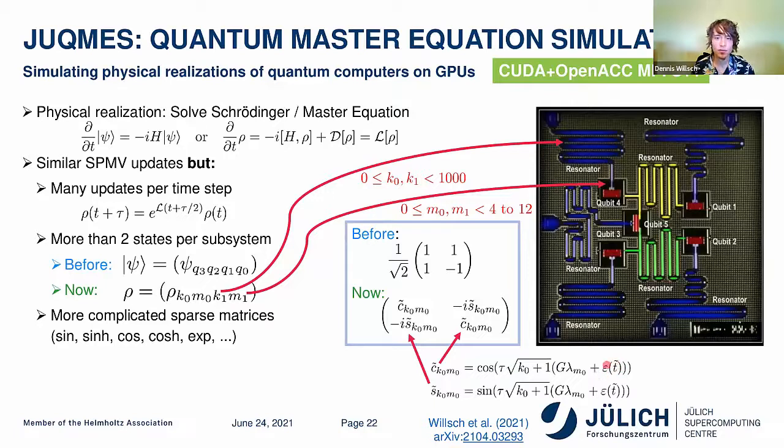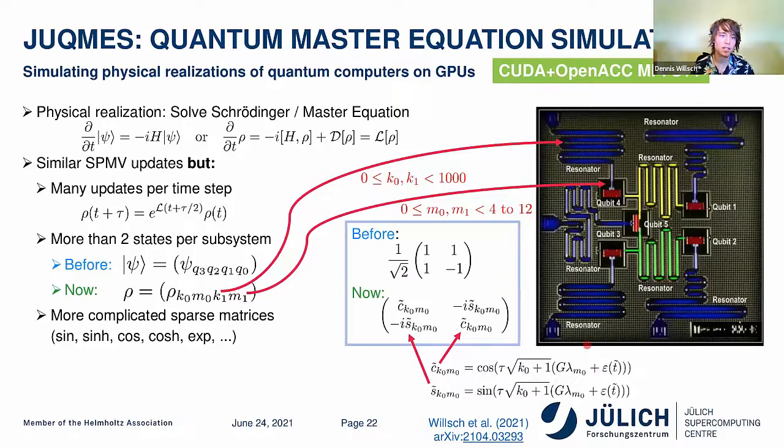And just for your information, this encodes a voltage pulse that is applied to these qubits. To do, say, a Hadamard gate, we have a certain voltage, a certain pulse that needs to be applied over time to make this Hadamard gate happen. And for the simulation, we also need to compute these functions here to get the value of the pulse during the computation.